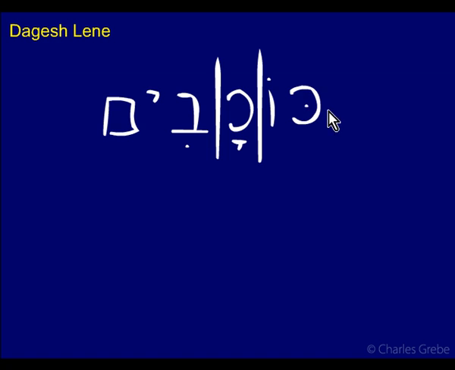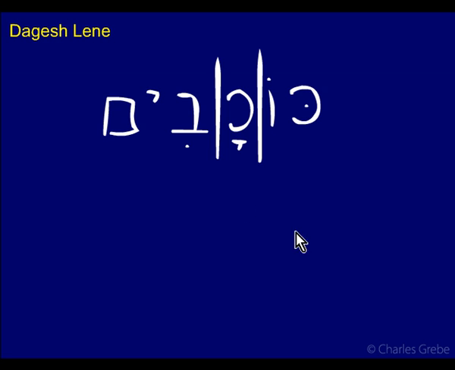Well, we see it does. Why does it? Because it starts a syllable and there's no preceding vowel. No problem. This kaf also starts a syllable, but is there a preceding vowel? Holam vav, very much a vowel. So Dagesh Lene takes off. No Dagesh Lene here because of the preceding vowel. Bet, another Begad Kafat letter, begins a syllable, so that's fine. But there's a preceding vowel, so no Dagesh Lene. So both conditions have to be met for the Dagesh Lene to stay there.